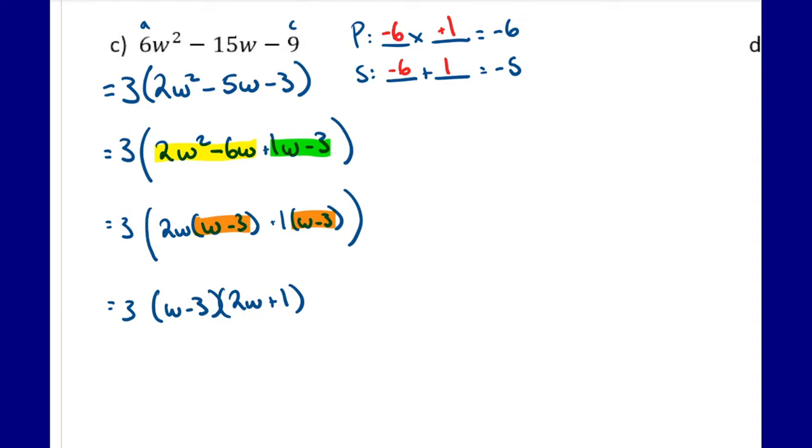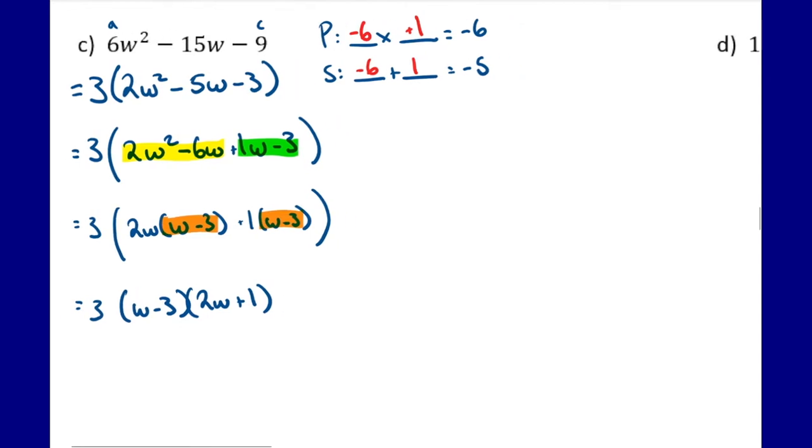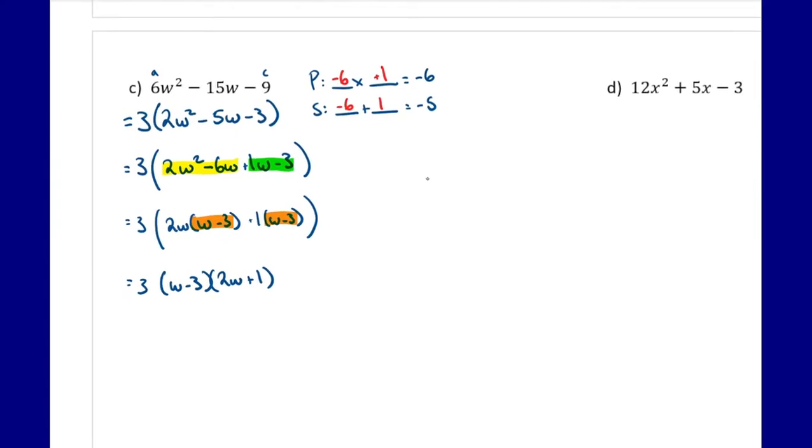So we did have an added thing there of common factoring. So one thing you might want to make a note of: always look to common factor first. So always look to common factor first.